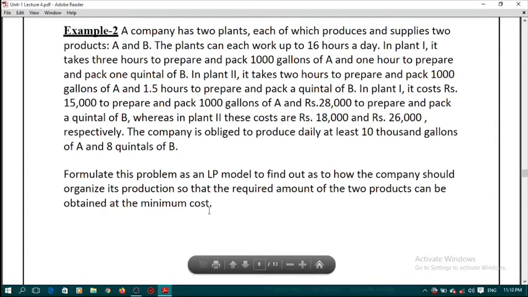Here we need to minimize the production cost.